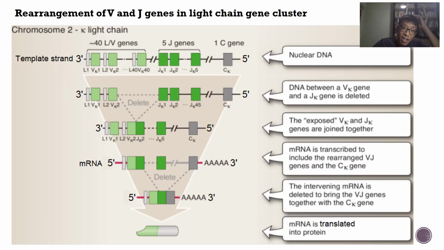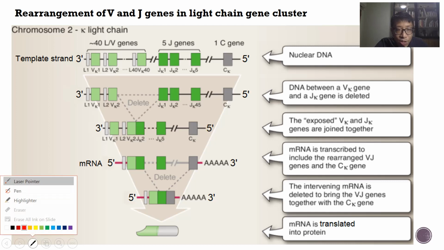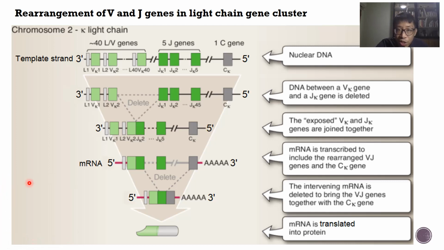Okay, so a diagram to basically show what I've been talking about. I'll spend a bit more time here because it's a bit abstract, so using the diagram should make it clearer. The diagram shows the template strand of the light chain gene cluster that's found on chromosome 2.